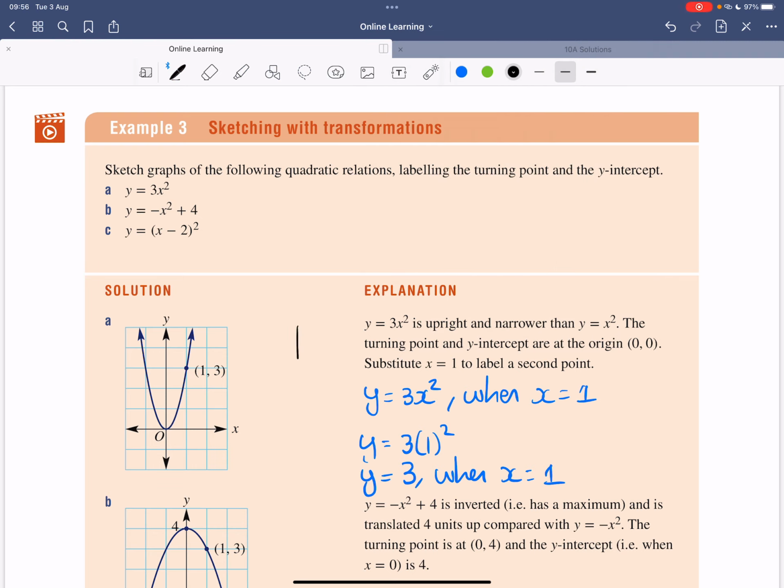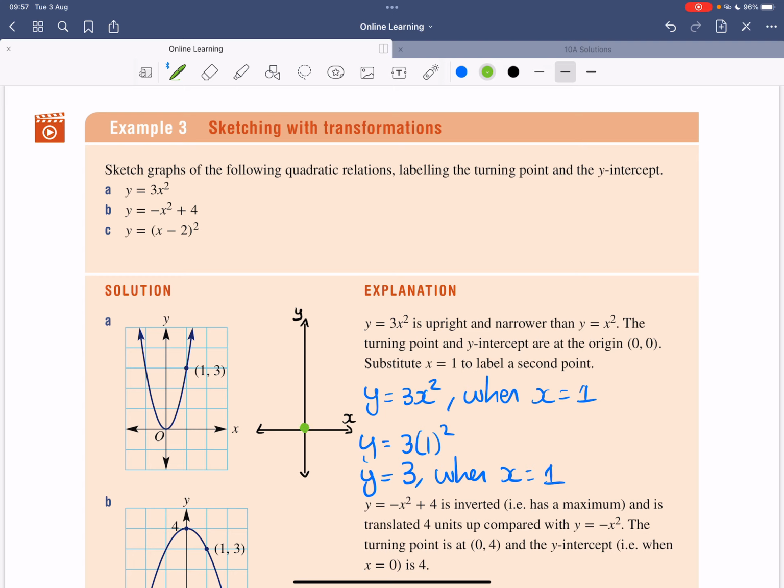So let's go ahead and do this. I'll just make it nice and straight, like this. Draw my arrows, make sure I label my x and y axes. And so what I know automatically is that it's upright, the turning point, the y-intercept, the x-intercept are all at the origin.